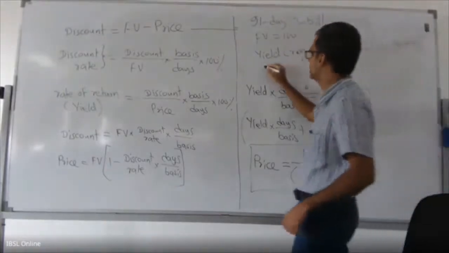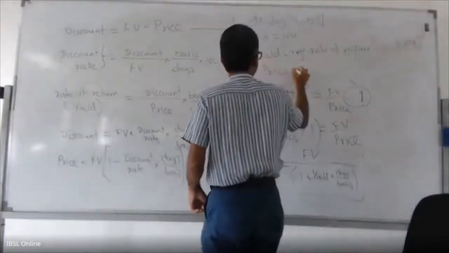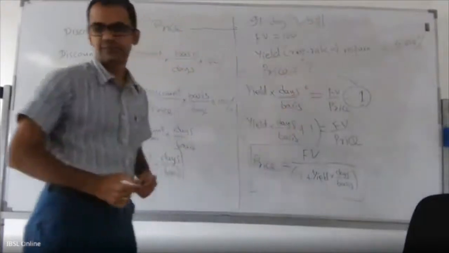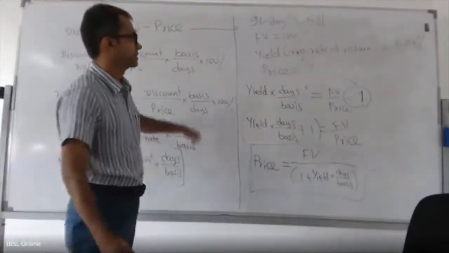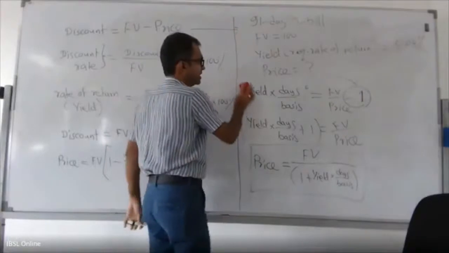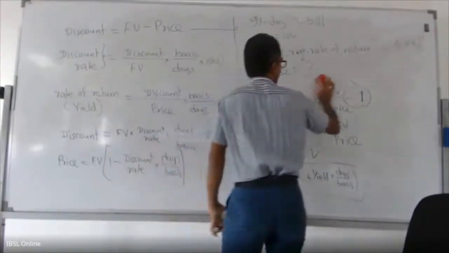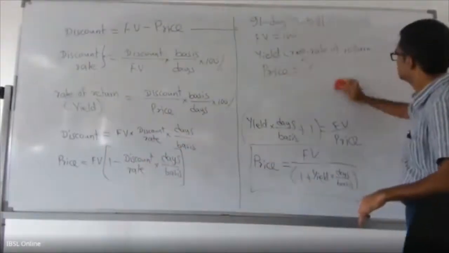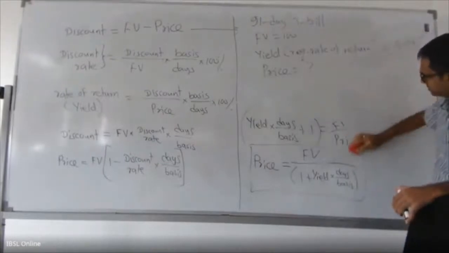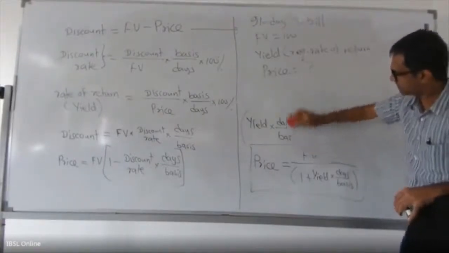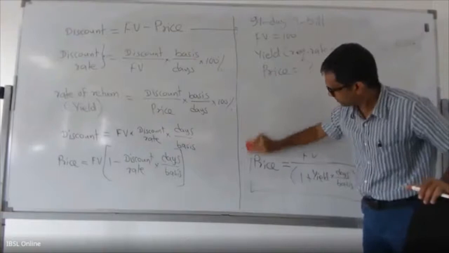What would be the price? A 91-day treasury bill is going to be the option. You need a 4.04% return. Then what's the price that you are going to pay?